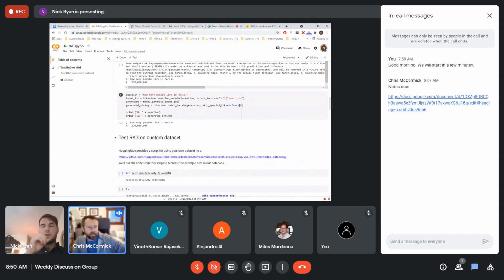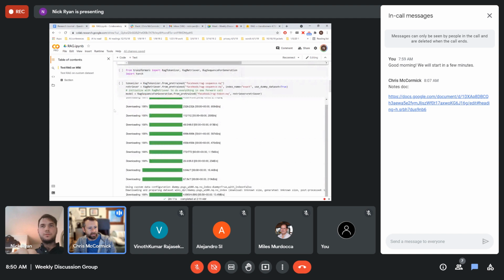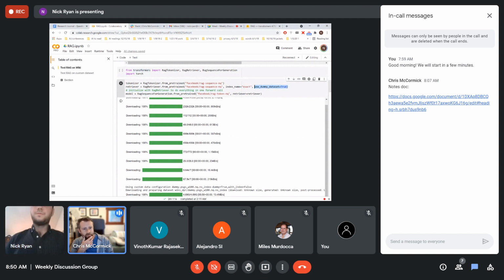So Nick, where does the document store, or where does the corpus come into play here? I'm guessing it's the RAG retriever. Does it have the Wikipedia data set built into it? Yes.